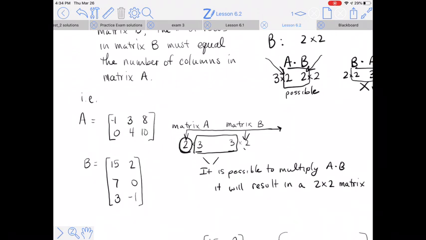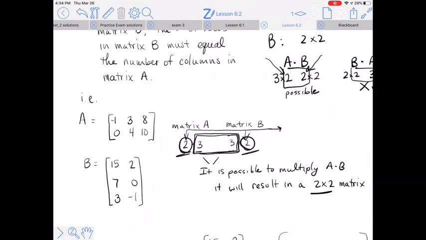That's what this number and this number tell us. Once you've determined using these numbers here that the multiplication is possible, then these numbers will tell you the size of the matrix that results from multiplying those two matrices. So if A is multiplied by B, it's going to result in a 2 by 2 matrix.